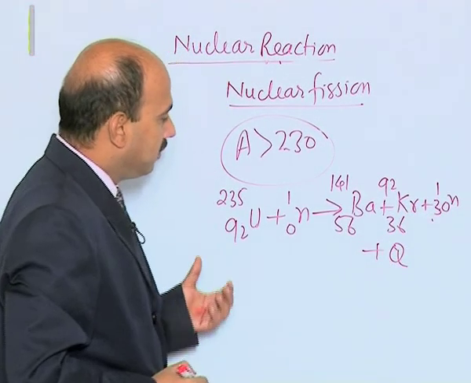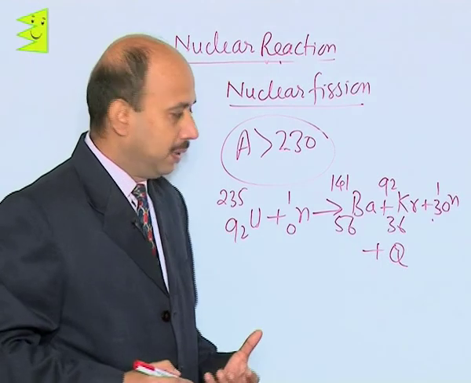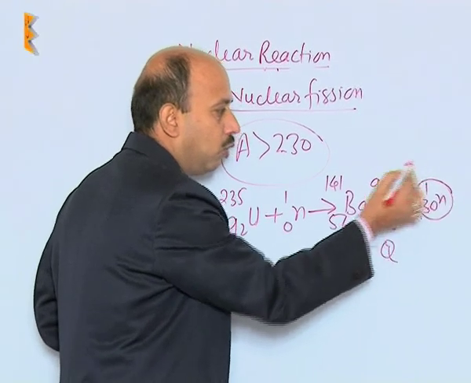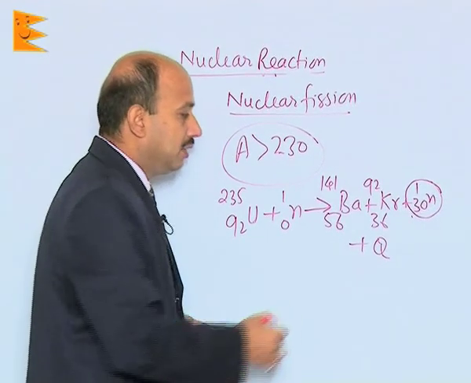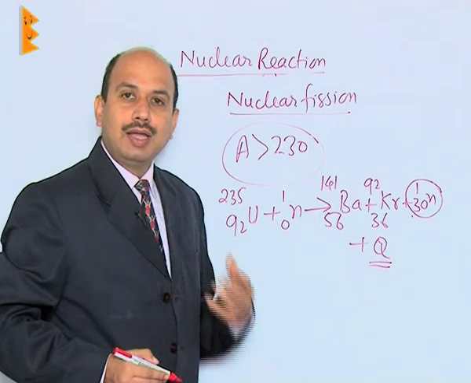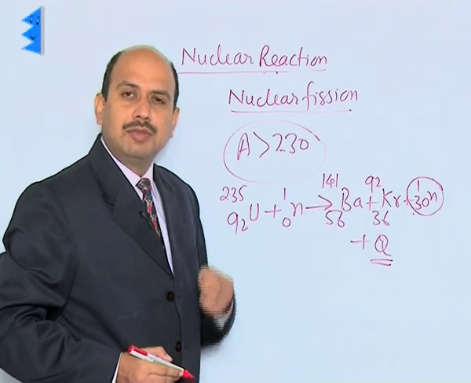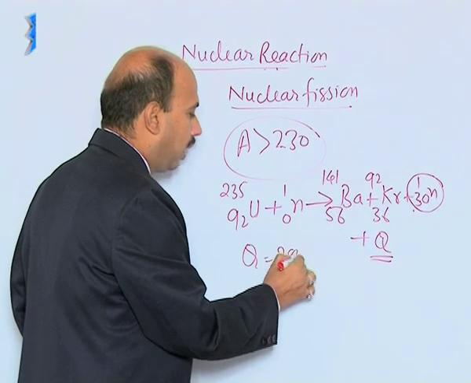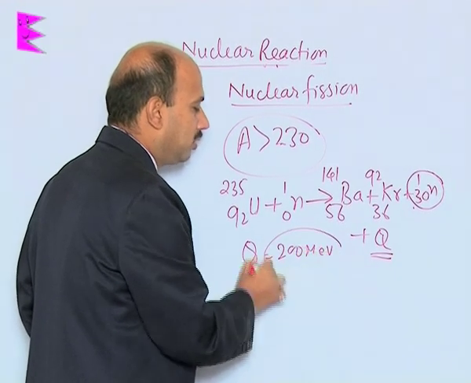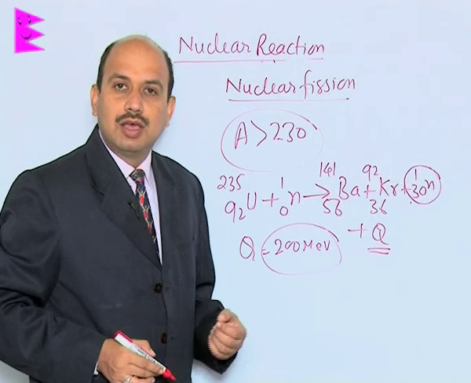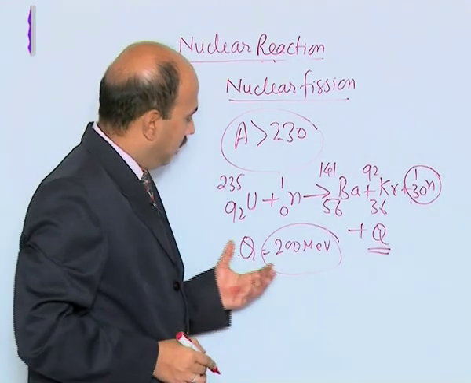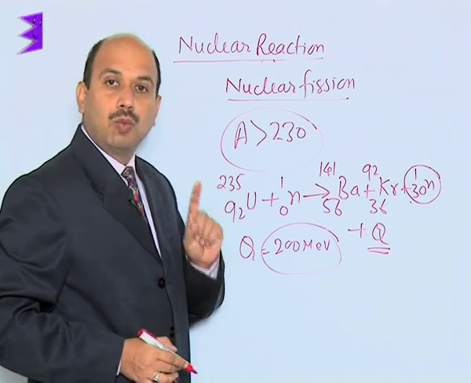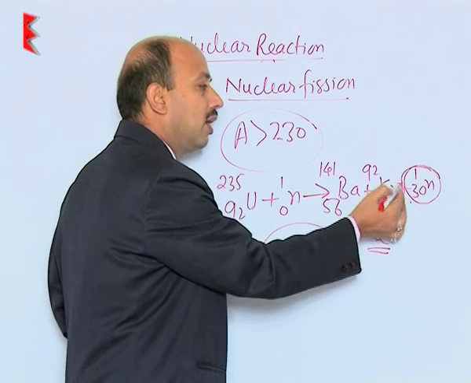So when nuclear fission of uranium 235 takes place, in the fission of one atom we get 3 neutrons and this Q. When one fission takes place, Q is approximately 200 mega electron volt. It means a large amount of energy is released due to the fission of one atom. In one fission, 3 neutrons are released.